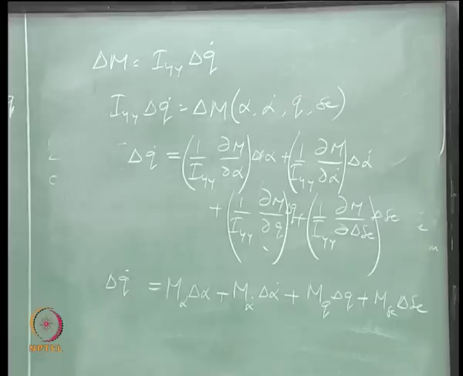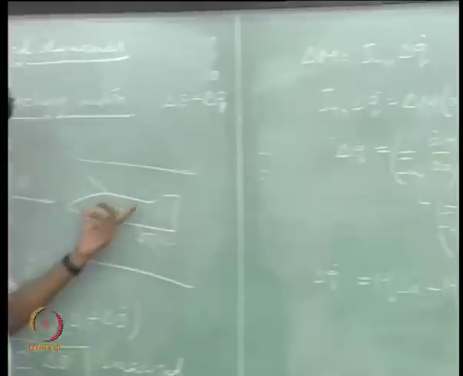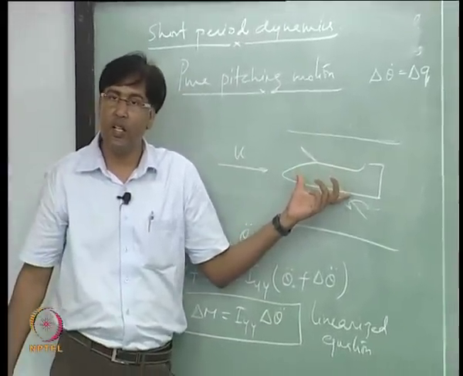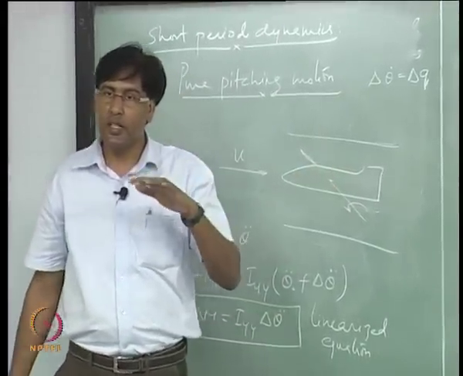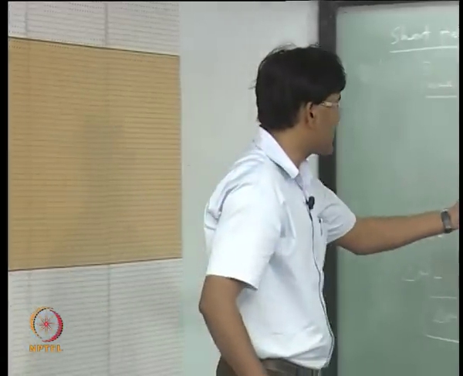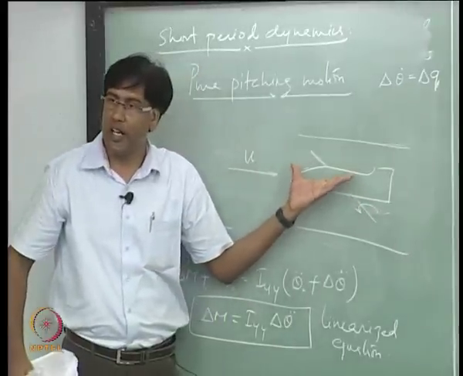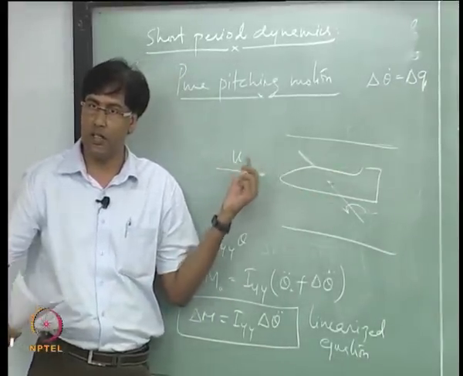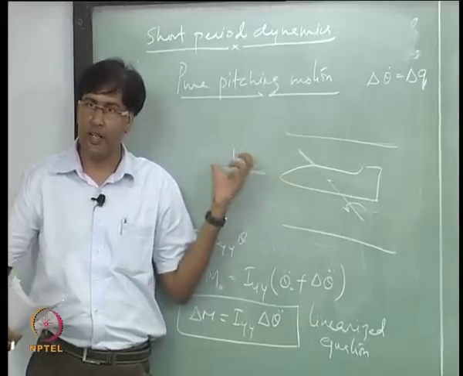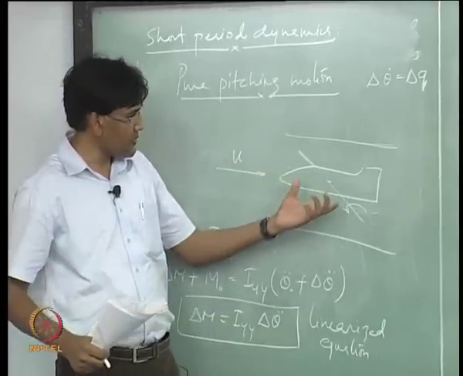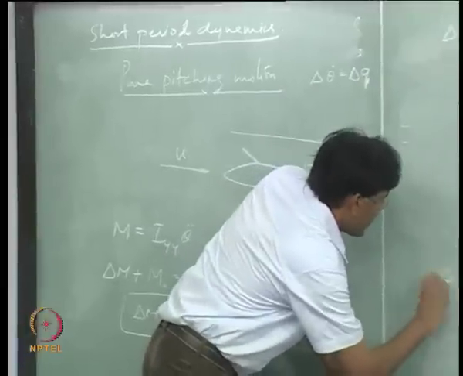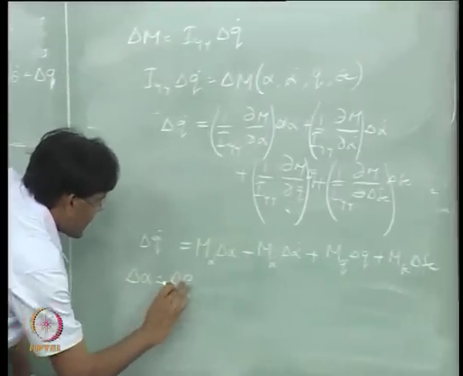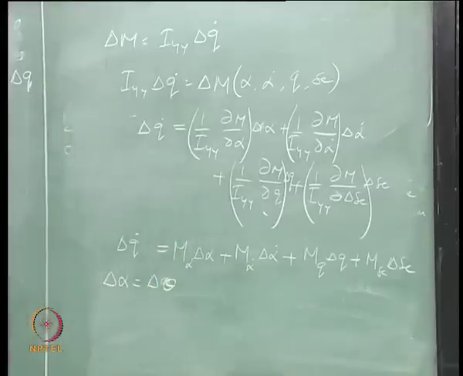Let us make another assumption, and that is, let us say to start with this model was aligned with the earth fixed axis system, which is also valid. If I put this horizontally, which is aligned with this air speed, then I can also say that delta alpha is nothing but delta theta.